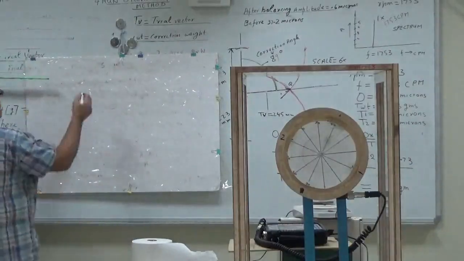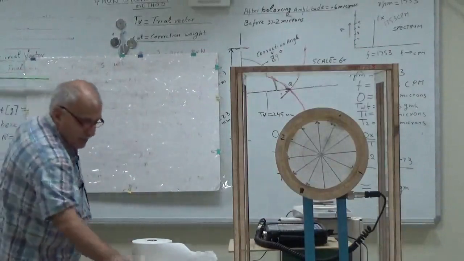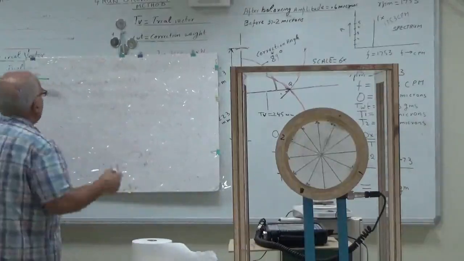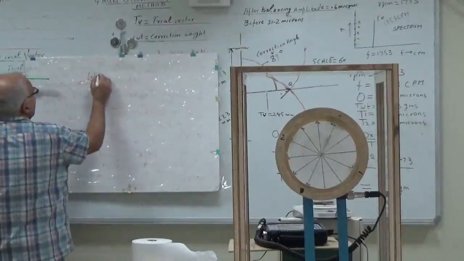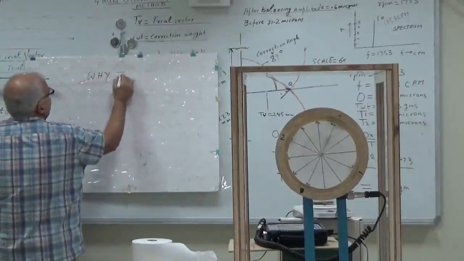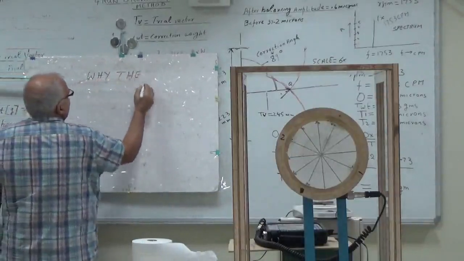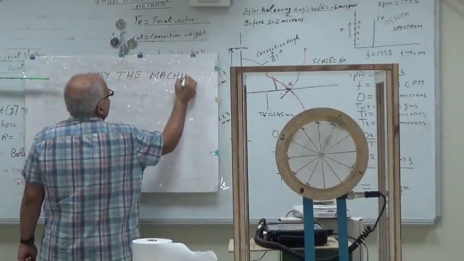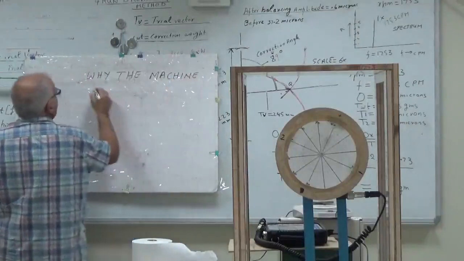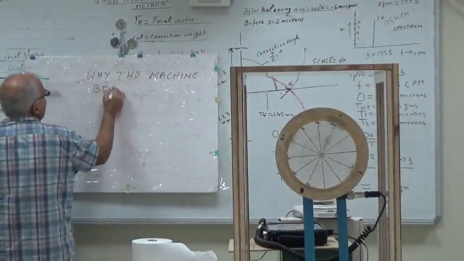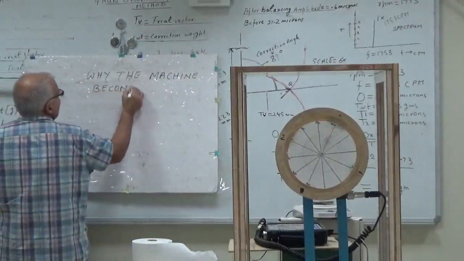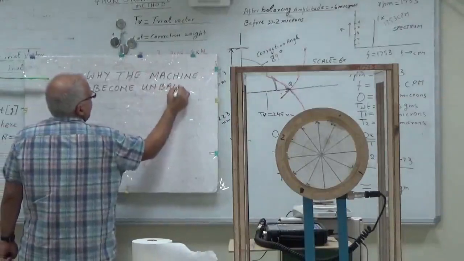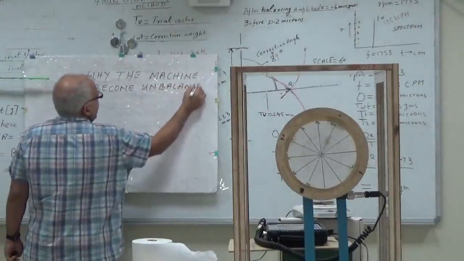Now we will discuss why the machine becomes unbalanced.